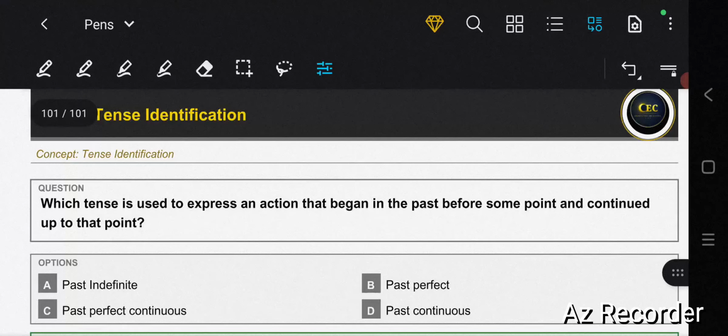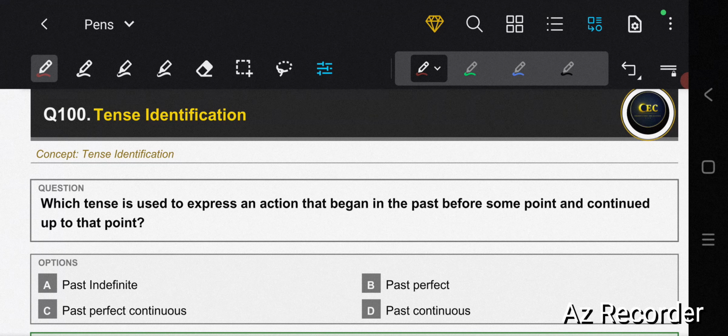Past indefinite, past perfect continuous, past perfect, past continuous. Does it match with indefinite past? No. Past perfect? Obviously not. So two options remain here: past perfect continuous, past continuous.